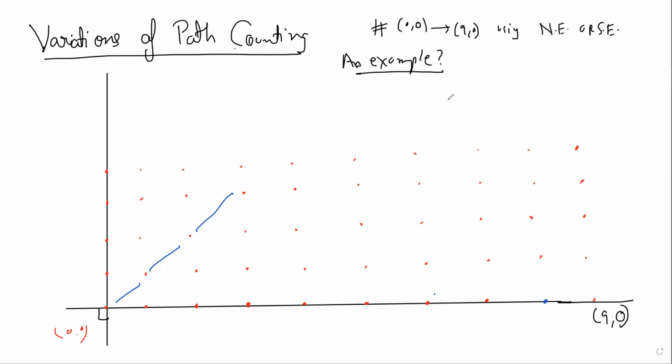If there was an example, you guys would have found it by now, isn't it? It should not be very difficult, right? If there is one example, there will be many examples, using symmetries and reflections and so on, right? Or show that it is not possible, or basically the answer is zero. No path exists.